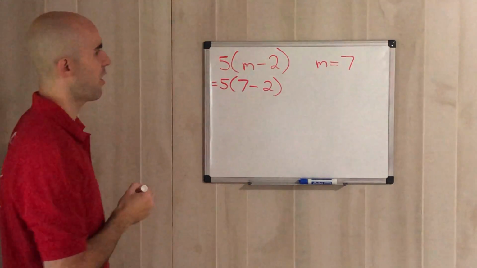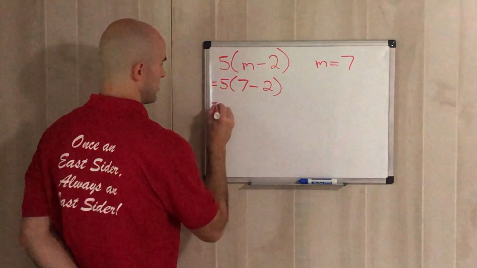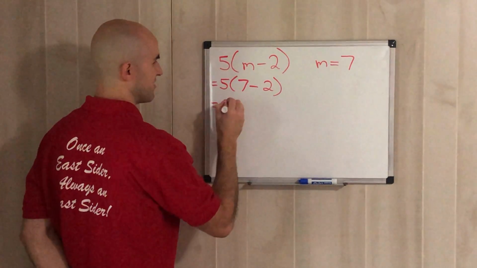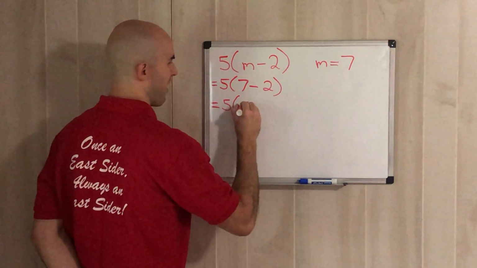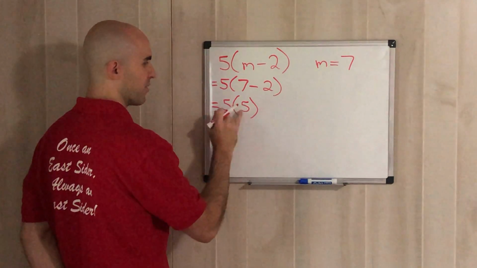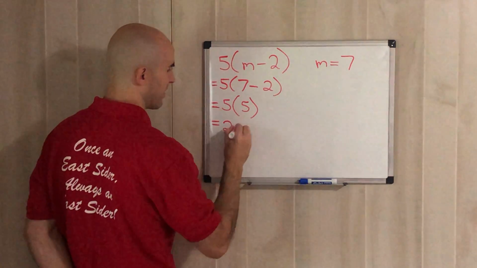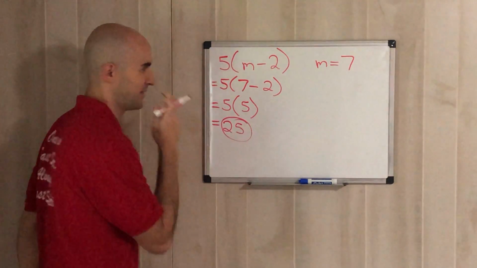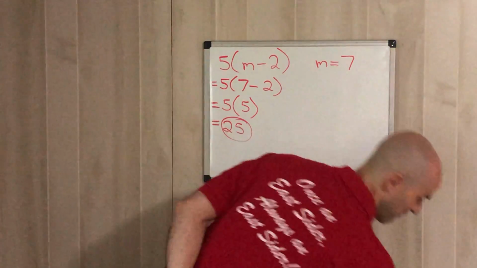And now it's just working our way through it. Remember, order of operations, you got to do parentheses first. So forget about the 5 that's outside for now. Inside the parentheses, we know that 7 minus 2 is 5, right? And then, whenever we have a number next to parentheses, it's multiplication. We know that 5 times 5 is going to end up giving us 25, right? That's all it was. Wherever we saw m, we just substituted it for 7.